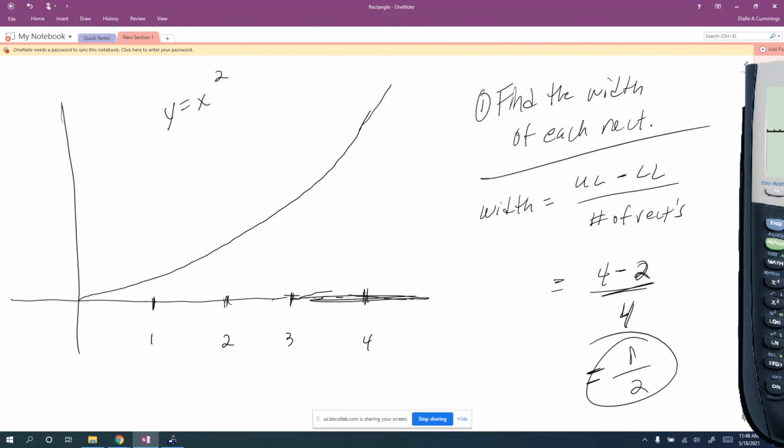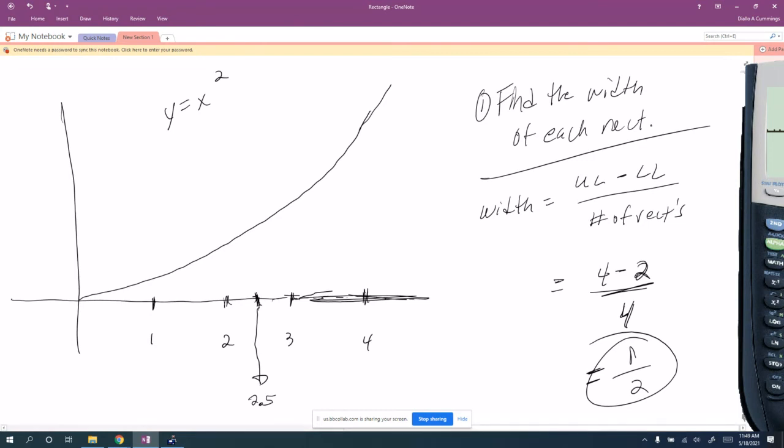Okay. So we're on the interval from 2 to 4. So our first rectangle is going to run from 2 to 2.5. So that's 2.5. All right, and we want a right endpoint.